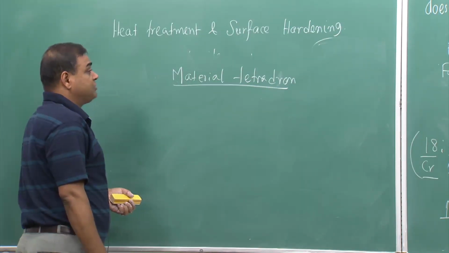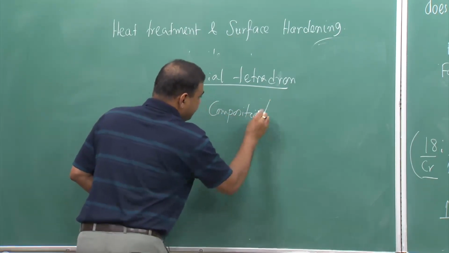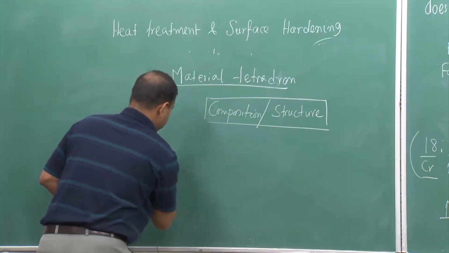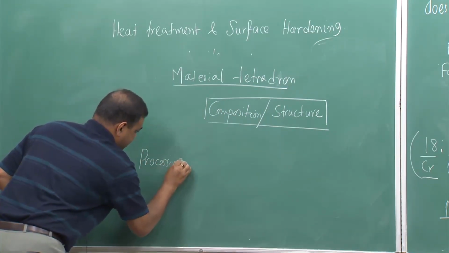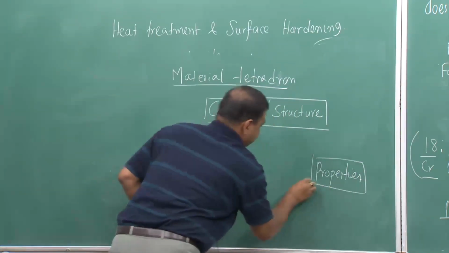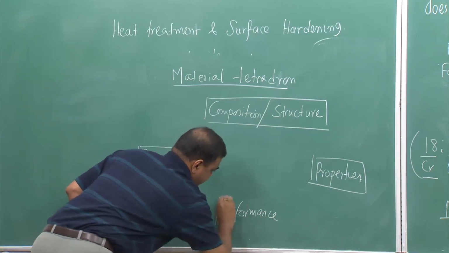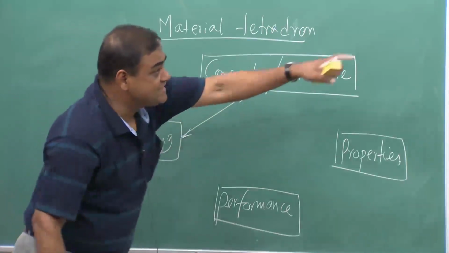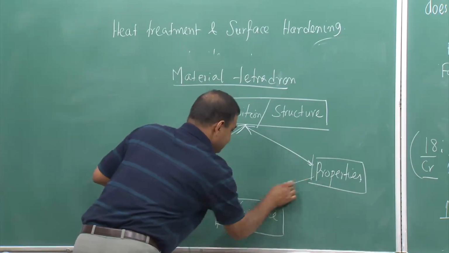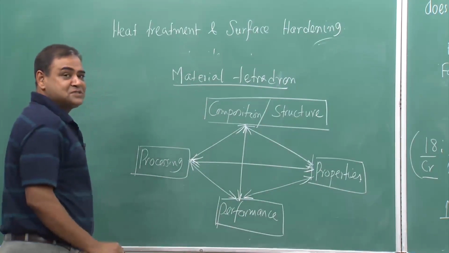I am sure that you have come across this diagram. In it, these two are interrelated, and so on for each pair, so it forms a tetrahedron.